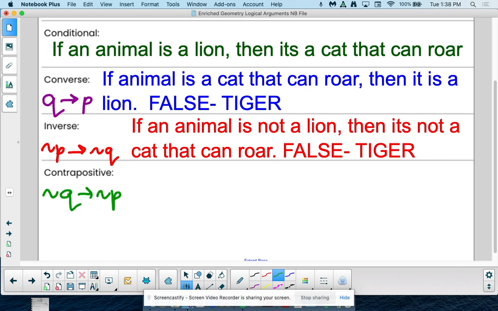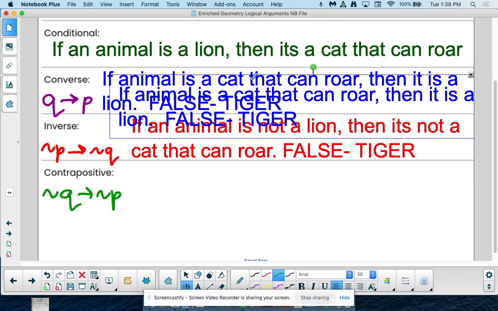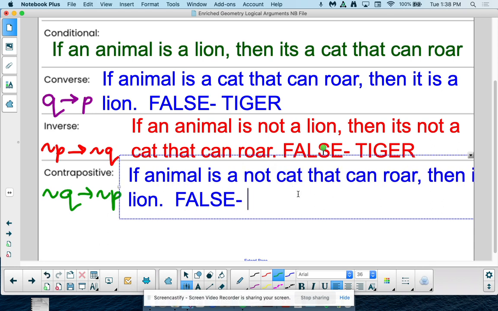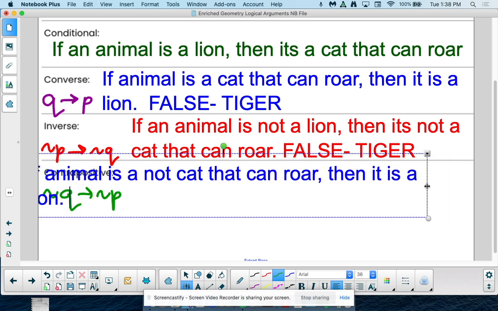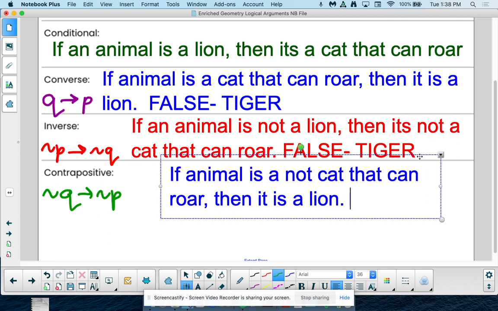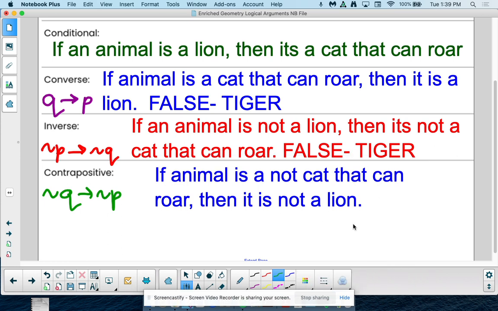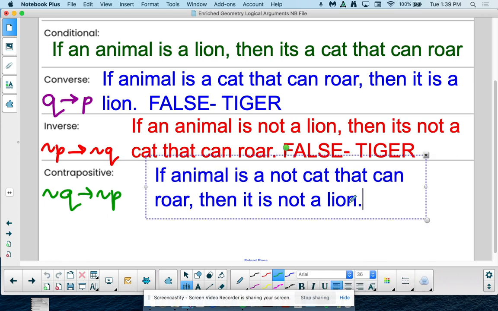Not Q implies not P. What do you guys think on that one?